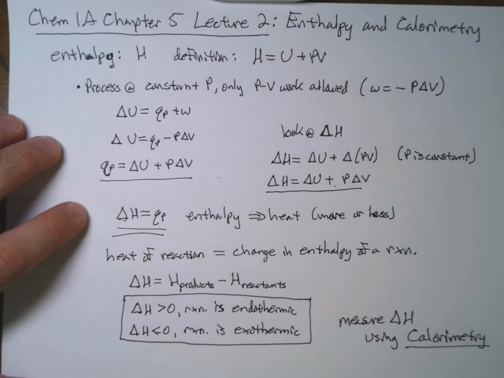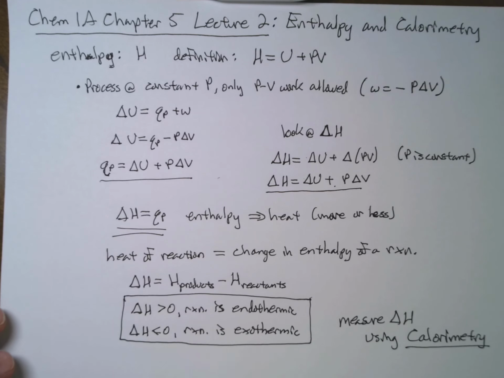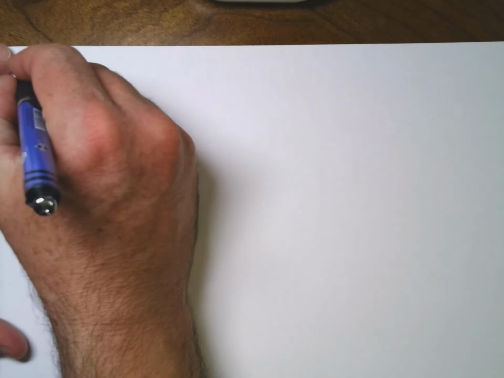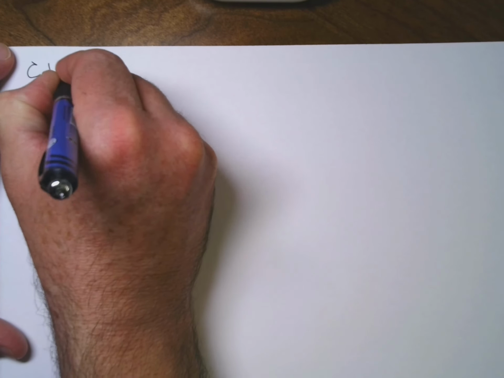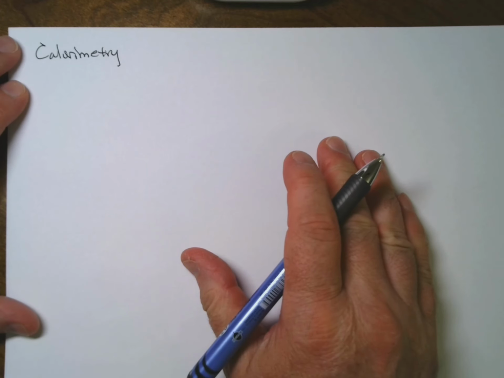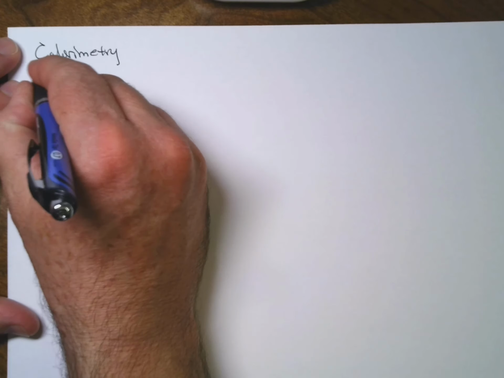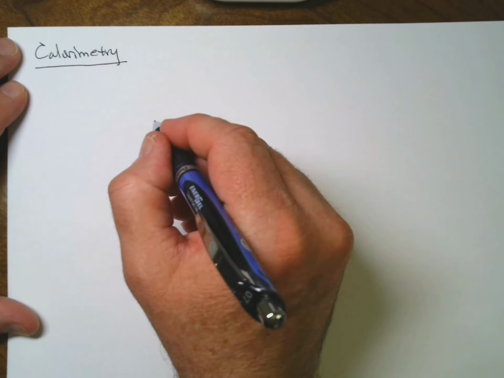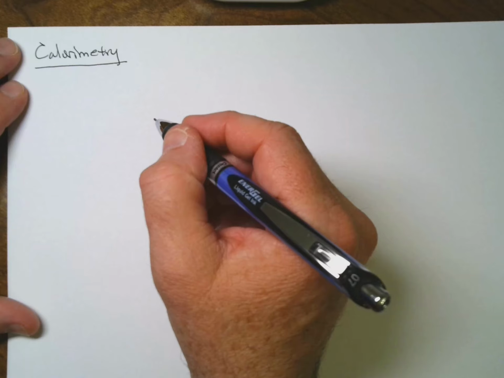So let's go ahead and take a look at what calorimetry is. Calorimetry is the science of measuring heat. We'll use something called a calorimeter to measure heat.